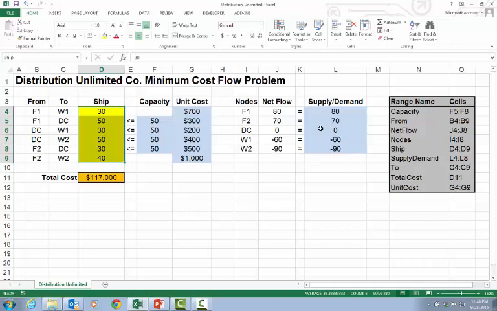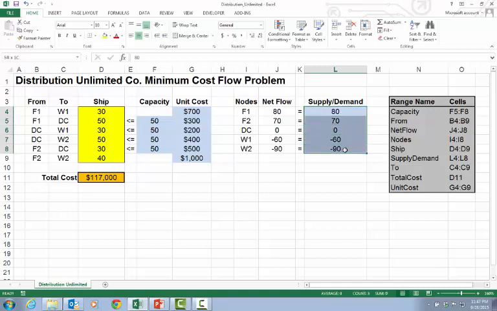We've got supply demand in column L. This is data, the numbers corresponding to each node, which say whether it's a supply node, as in the case with the positive values for factory 1 and factory 2, or it's a demand node, as represented by the negative numbers, the negative quantities required from warehouse 1 and warehouse 2, or a transshipment node, which was the case for the distribution center.